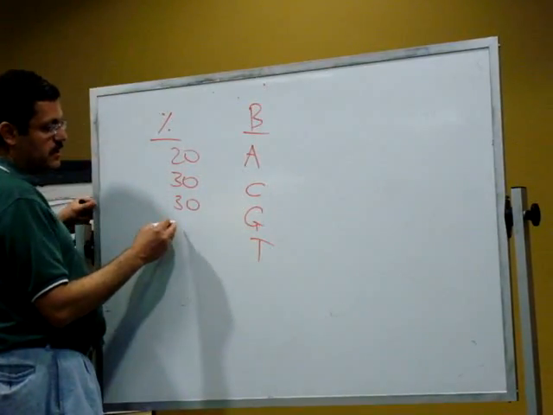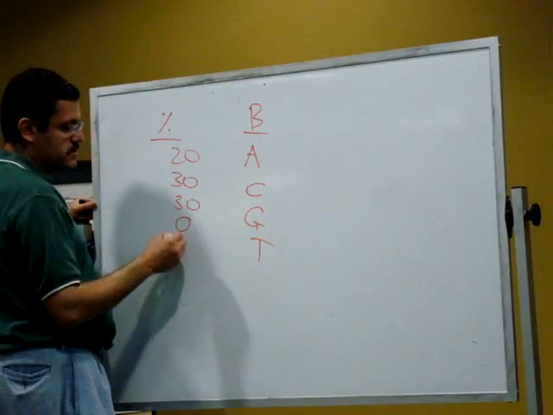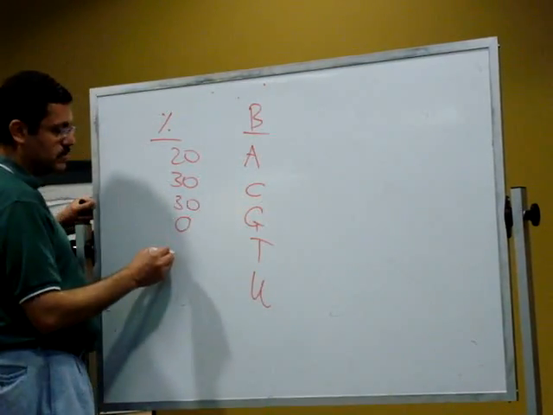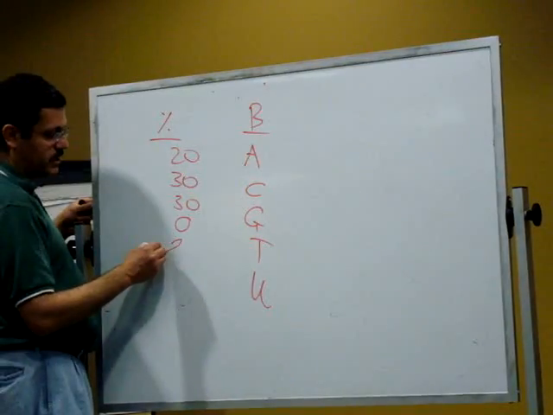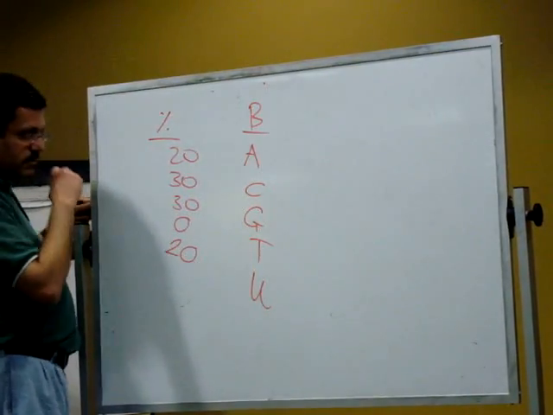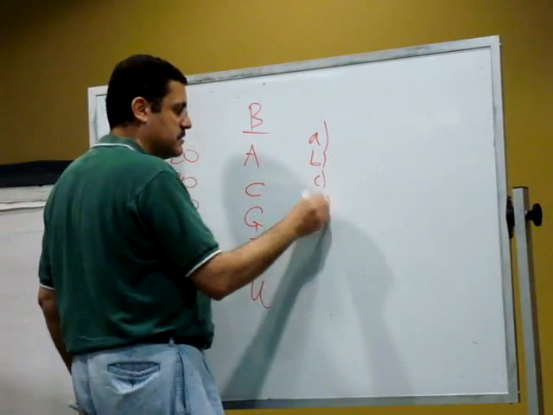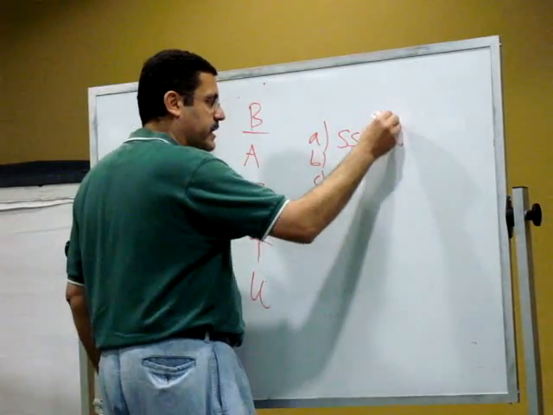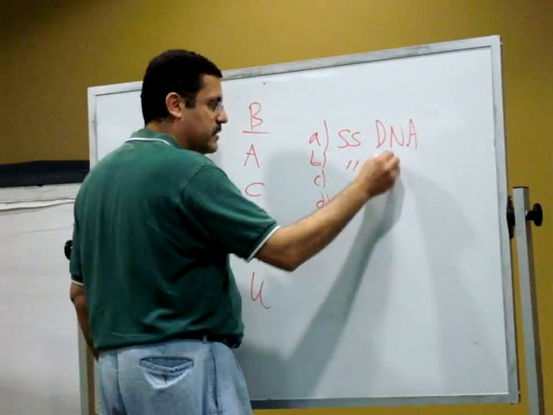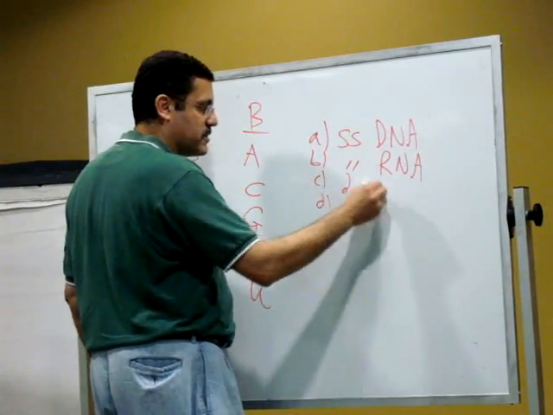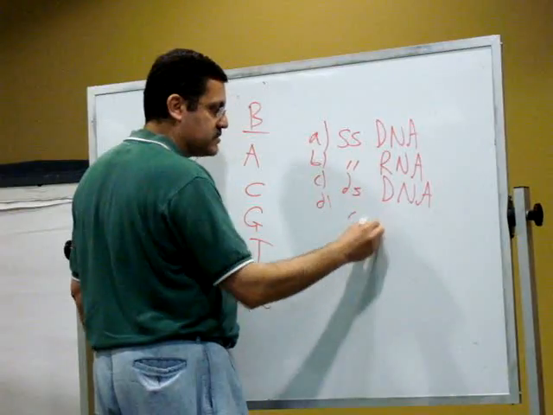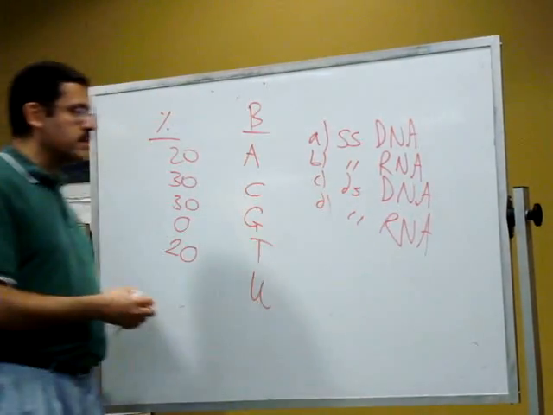T is 0. And U is what's left, 20. And then here are our choices: single-stranded DNA, single-stranded RNA, double-stranded DNA, double-stranded RNA. Which one is the most likely?